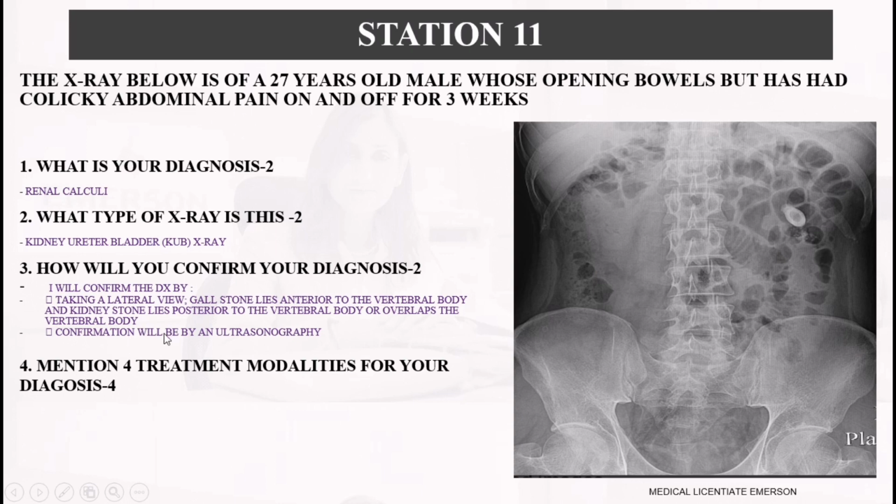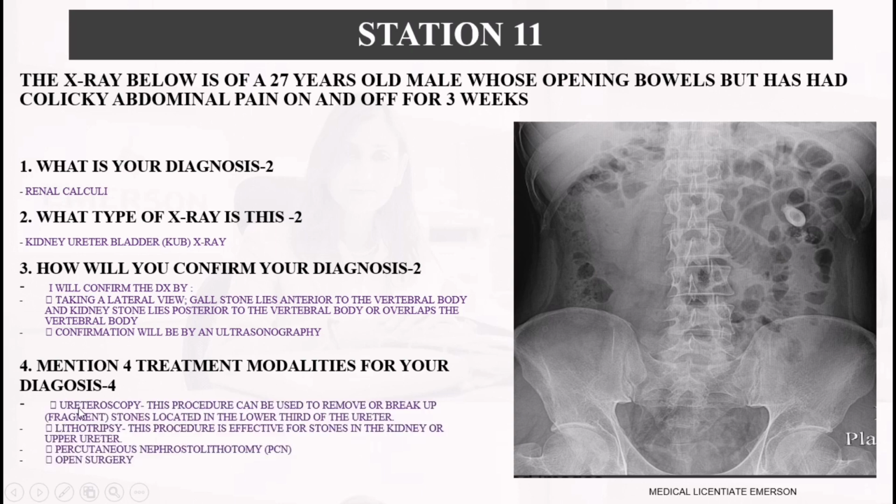Then the absolute confirmation will be by an ultrasonograph. They mention 4 treatment modalities for your diagnosis of renal calculi. We have ureteroscopy, which can be used to remove or break up the fragments of stones located in the lower third of the ureter.